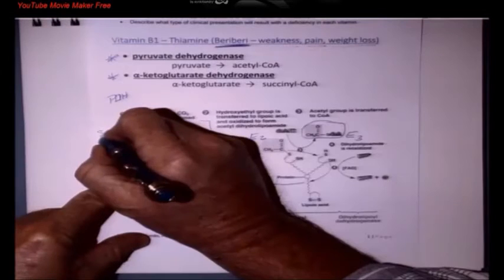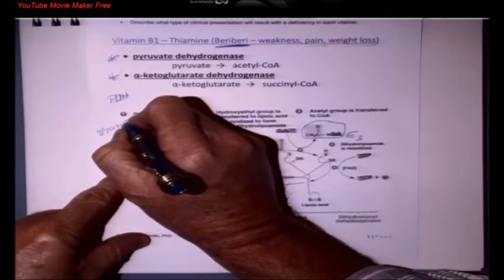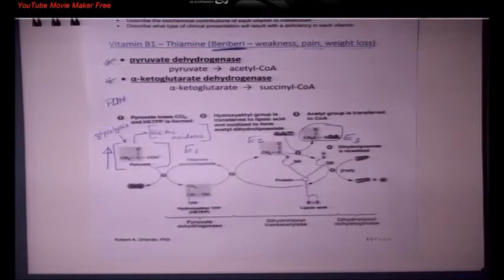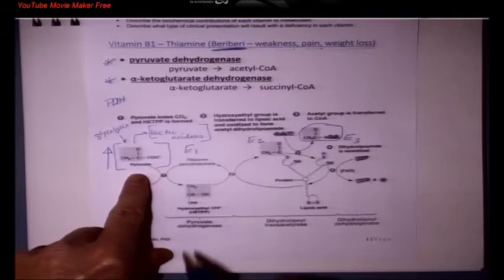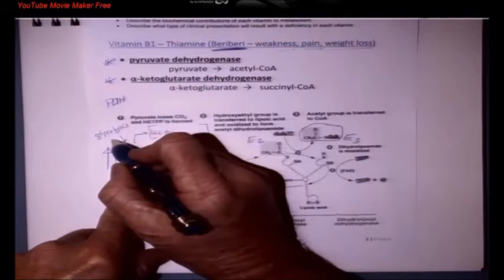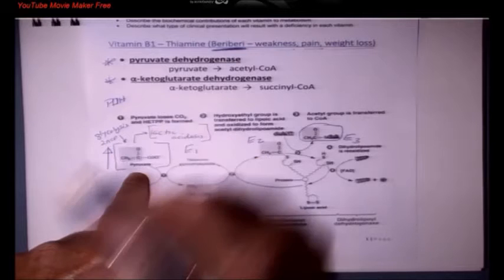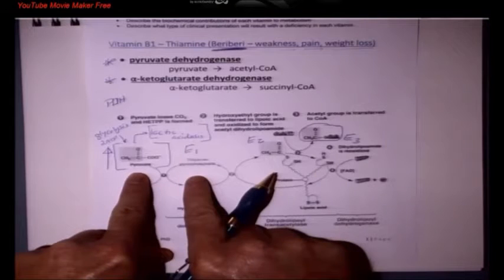This is glycolysis. So you're producing a couple of ATPs. Isn't that enough? So what's going to happen to skeletal muscle when it continues to generate these two ATPs and it has a thiamine deficiency?